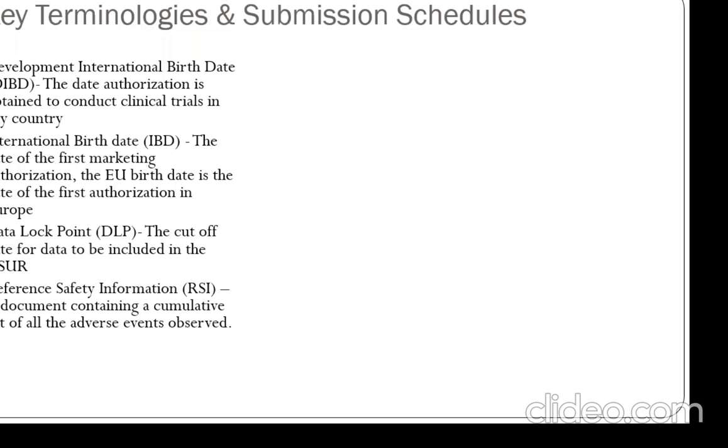And of course, the reference safety information is a document which contains the cumulative list of all the adverse events that are observed. When we say all the adverse events that are observed, it also encompasses the signals or the risks. So the identified risks go into the adverse events, and the potential risks go into the precautions and warnings, so the section 6, as you are aware.